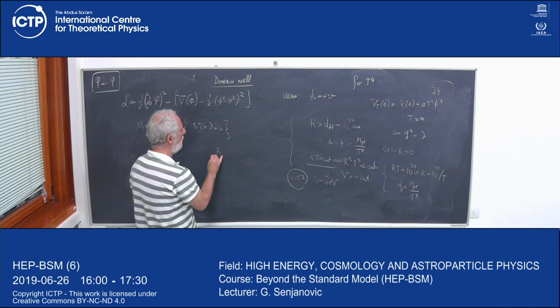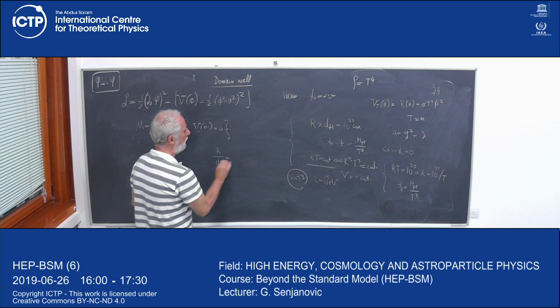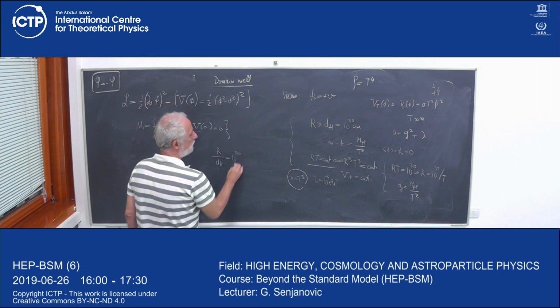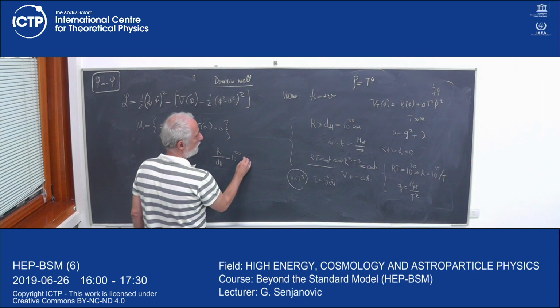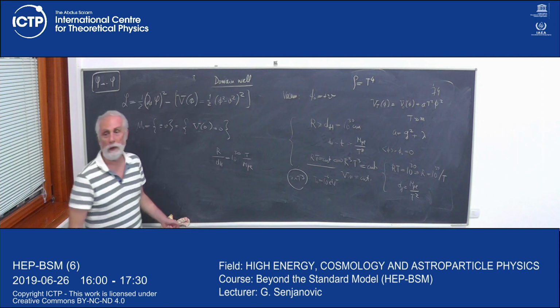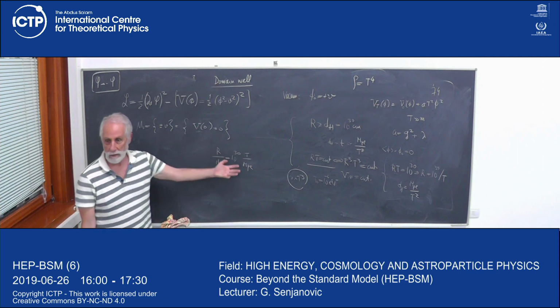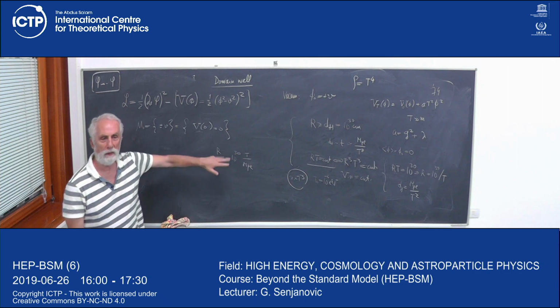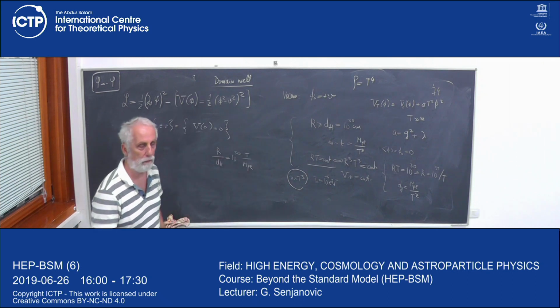So that means that R over dH is what? Help me? It is 10 to the 30 times T over M Planck. This is 1 today. This is how I define things. Put the numbers, you get a number of order 1. I may have moved by an order of magnitude or so.